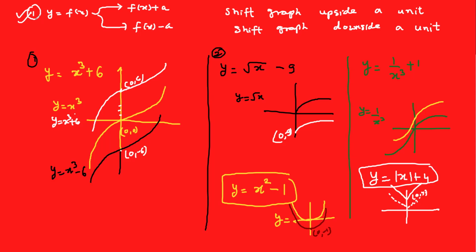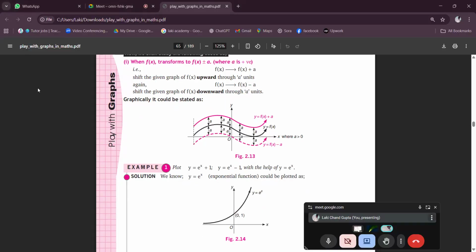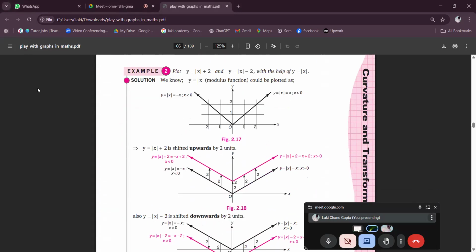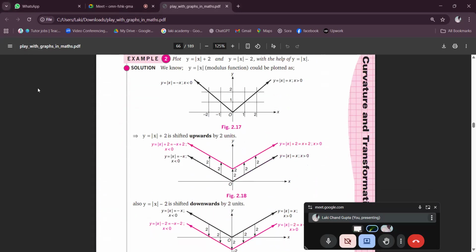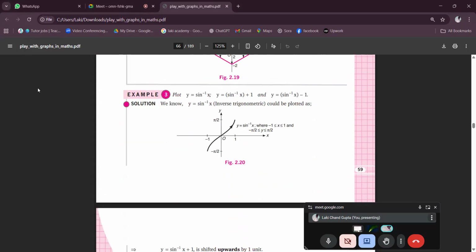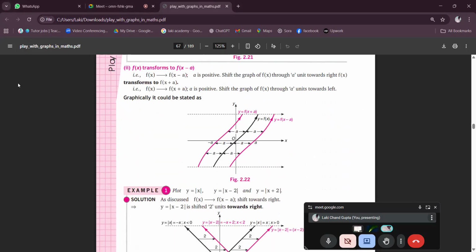See this example. Now write second type.